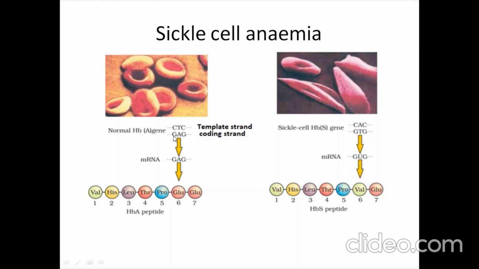Here you can see that the sequence for glutamic acid in the coding strand is GAG, whereas on the template strand, which is complementary to the coding strand, it is CTC. The sequence on mRNA is complementary to the sequence of the template strand.